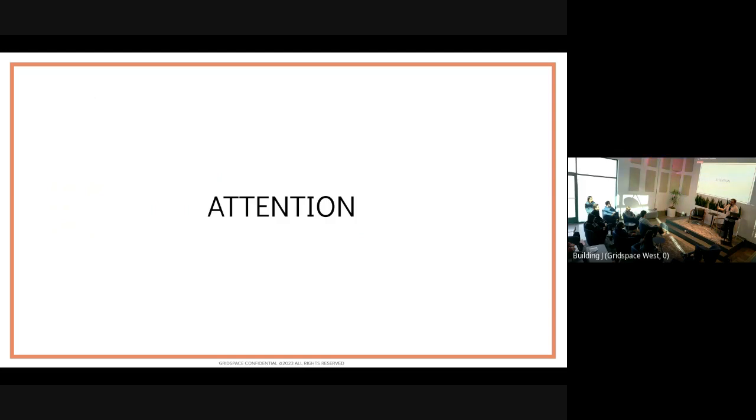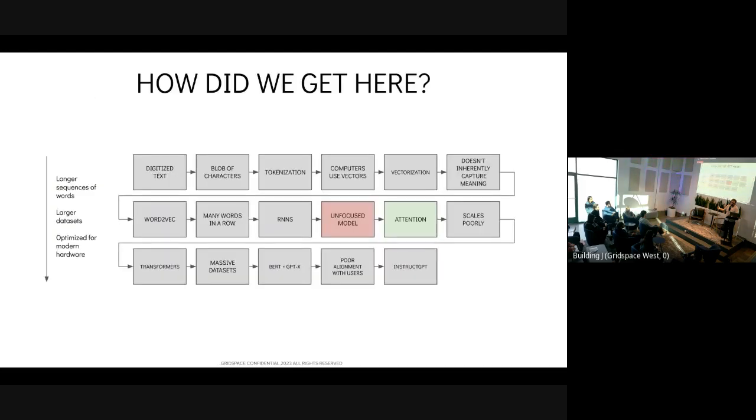All right, so that brings us to attention. What if we took a look at that translation case again? Maybe when I'm translating a really long sentence, like let's say, I would like to get home from school early today. However, I need to complete my assignments first, right? That's a really long sentence, and you could have an even longer sequence than that. Eventually, you're not going to have a one-to-one correspondence word to word.